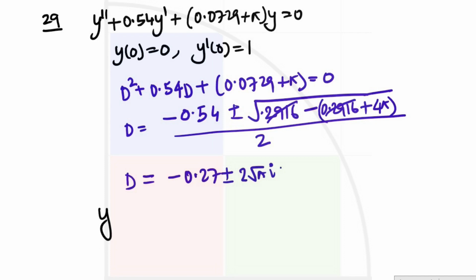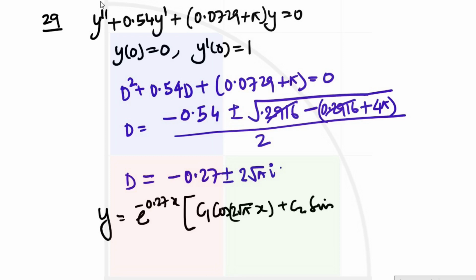Hence our equation will be e to the power minus 0.27x times c1 cos and c2 sin.